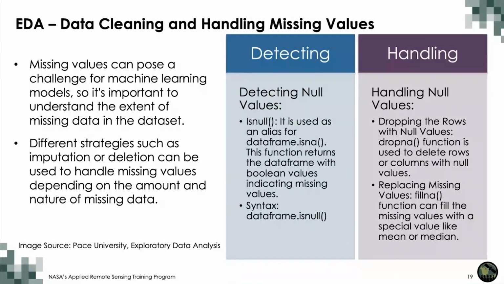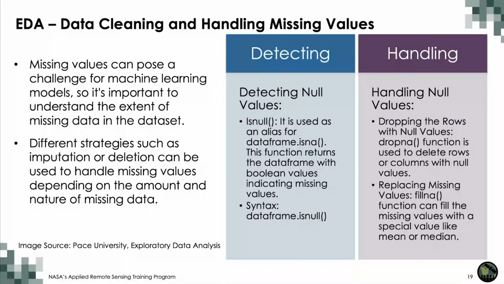Missing values can be handled by imputing the mean or median value of the feature, or by using more complex imputation techniques. Removing duplicates and dealing with outliers can help improve the quality of the data, which in turn will affect the model performance. To the right, we describe some methods for detecting and handling null values in pandas.